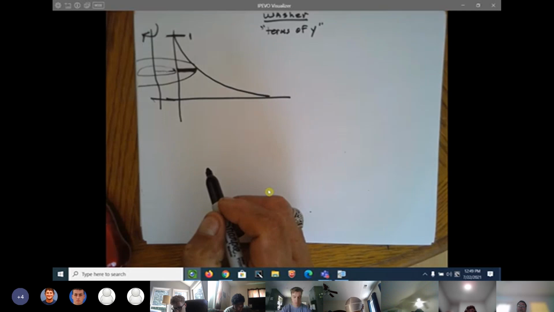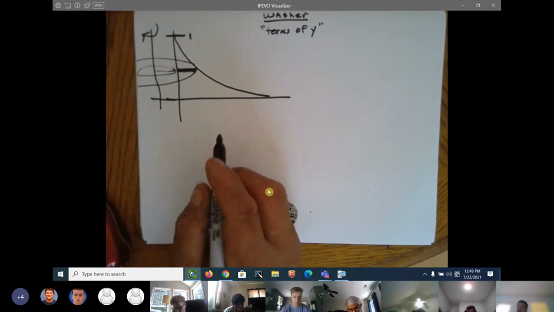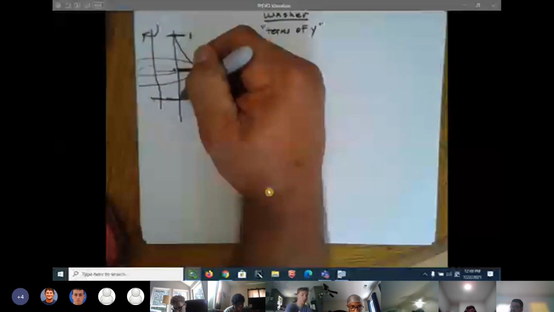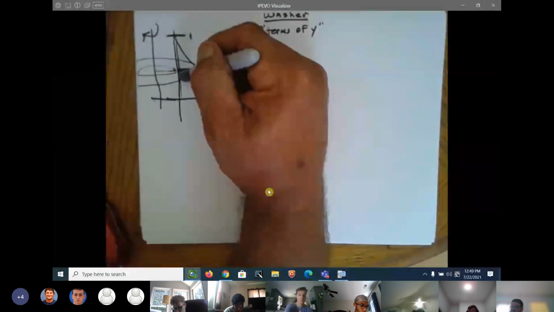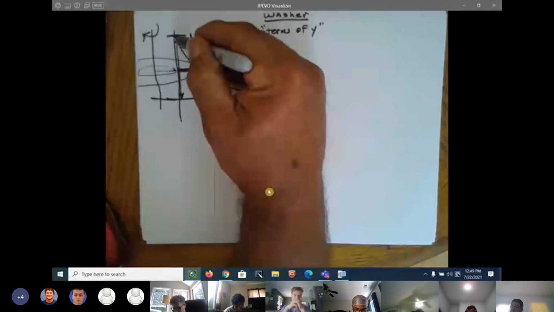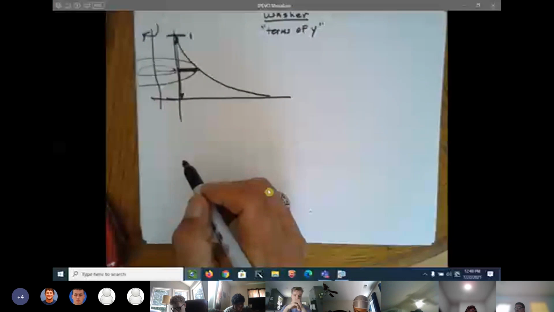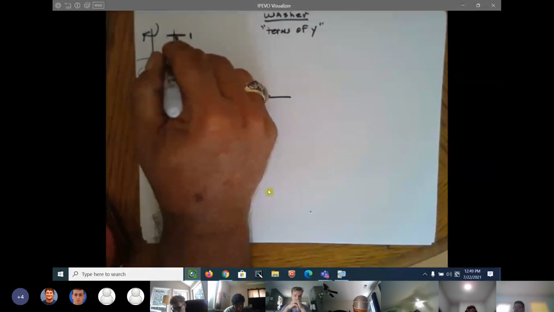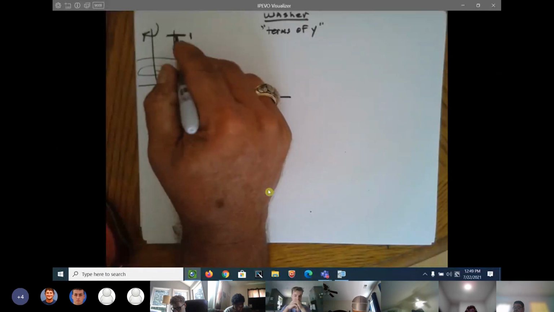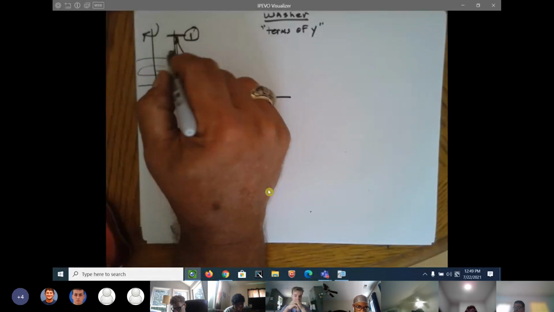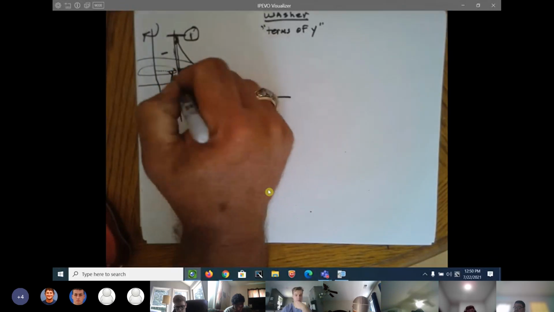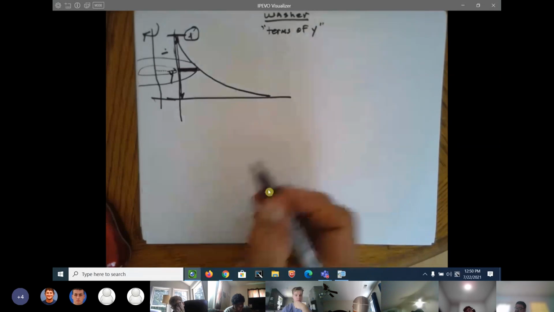Remember, everything is in terms of Y. So this thing right here is traveling up and down this little right here. So the radius for this thing, or for right in here, is going to be 1 minus where this thing is in terms of Y. So 1 minus Y is the radius.